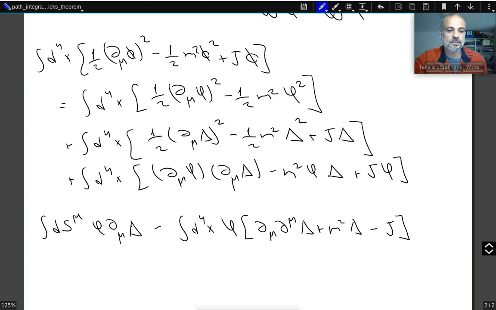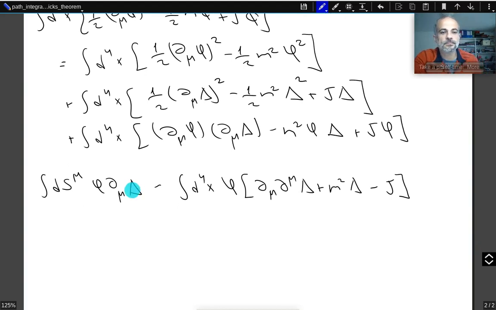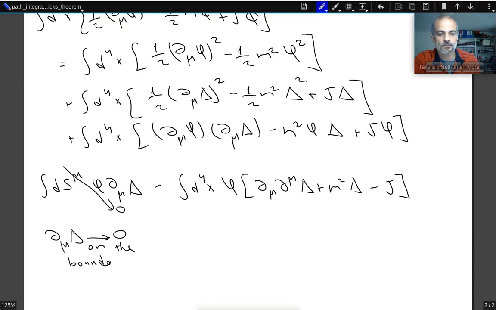Now, since delta is arbitrary, I will choose the boundary condition on delta such that it goes to 0 at the boundary of my four-dimensional space-time. So this term is 0 because del mu delta goes to 0 on the boundary. This is at infinite time, infinite space. And so it's enough for me to ask this expression over here to be 0.